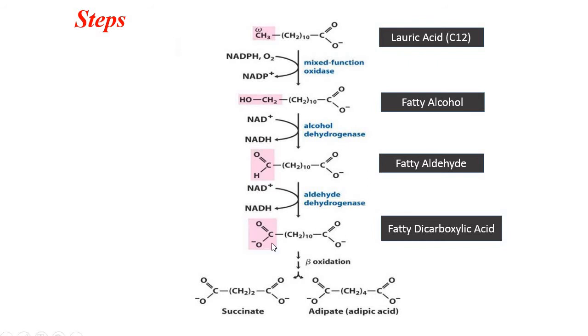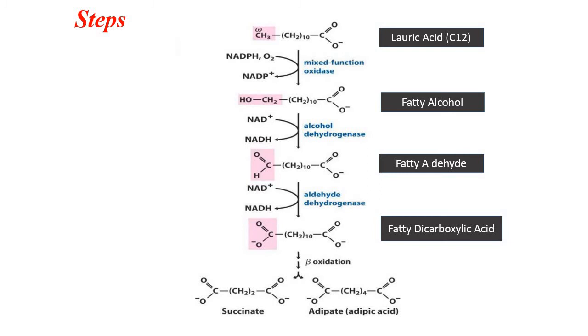And when there is a production of a fatty dicarboxylic acid at this point, then either of the ends can be attached with a coenzyme, or the molecule can enter the mitochondria and undergo beta oxidation by the normal route.